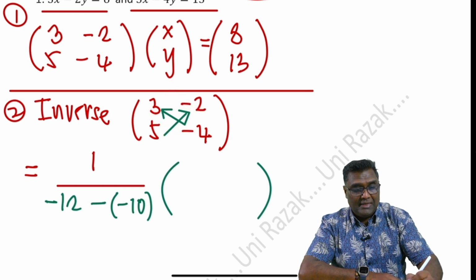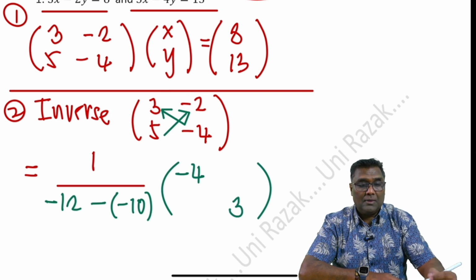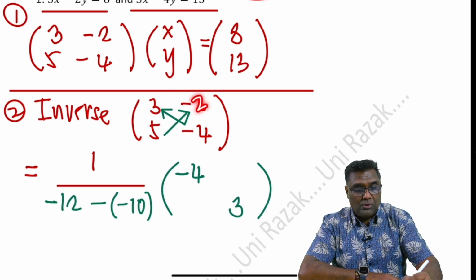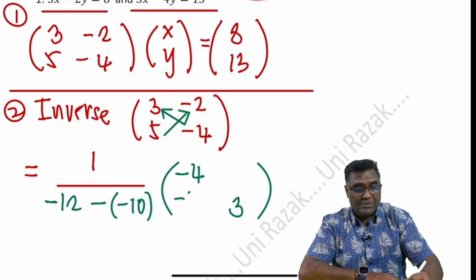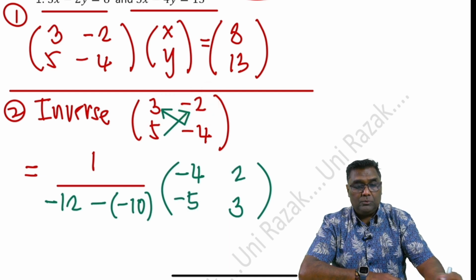So that means -4 goes up, 3 comes down. Then for both of these, I put a negative sign in front. So this becomes -5, 2.